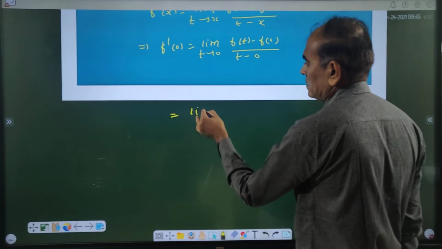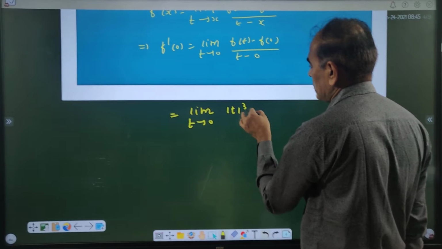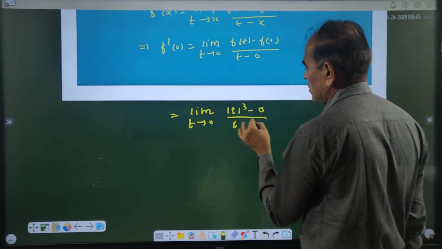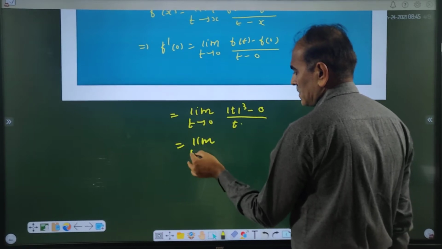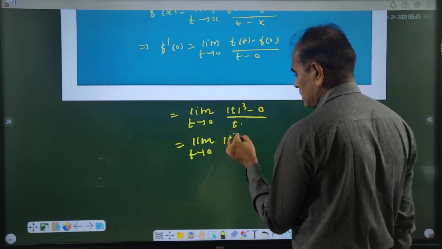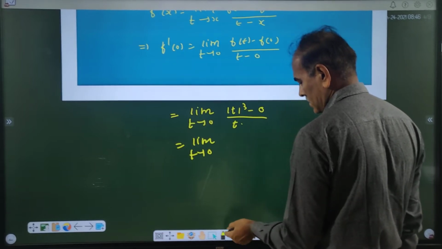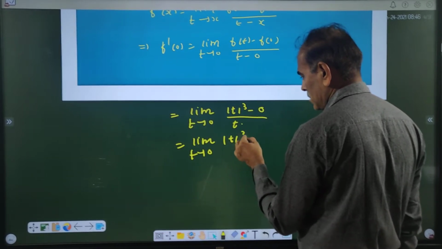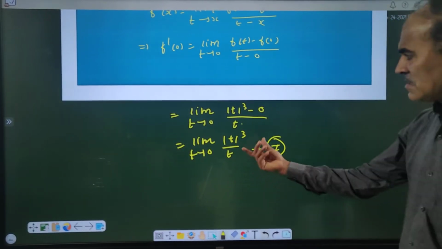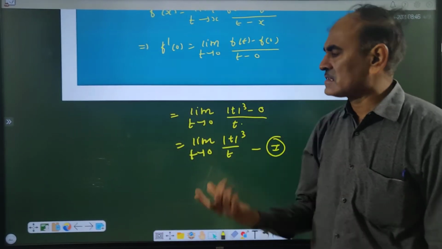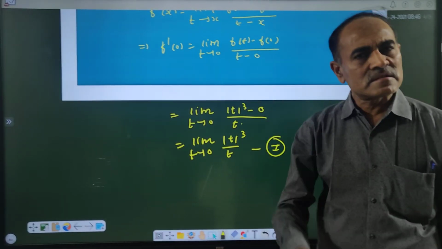That is equal to limit t tends to 0, mod t cube minus f of 0, which is 0, over t minus 0, that is t. So that comes out limit t tends to 0 mod t cube upon t. Say that number 1. If this limit exists, then f dash 0 exists. If this limit does not exist, then f dash 0 does not exist.